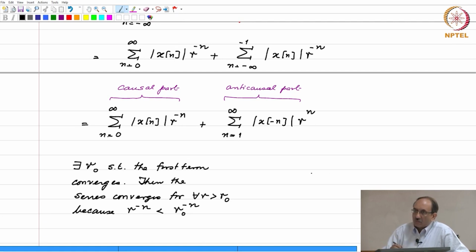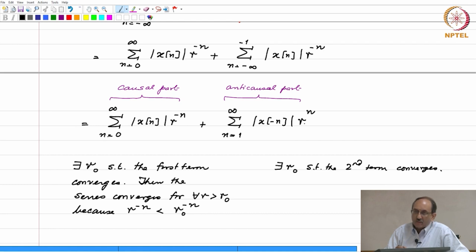Now, very similar arguments can be made for the anti-causal part. Again, let us assume there exists an R naught such that the second term converges. Then what can you say about the convergence for all radii that are smaller than this R naught? The series will definitely converge, because remember, now we are looking at R power n.